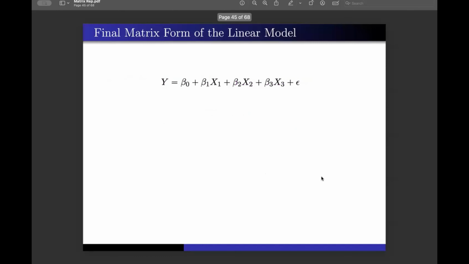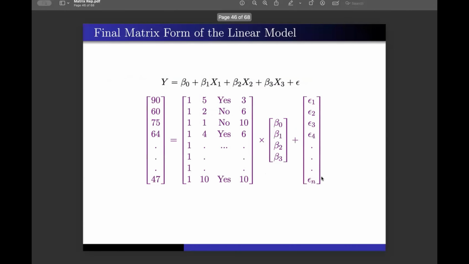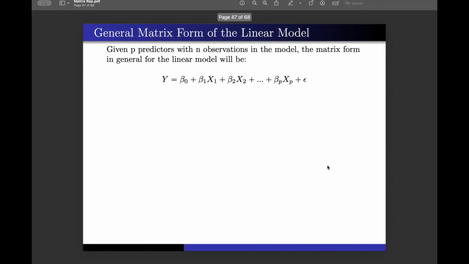But if we were to write it all together, the final matrix form of this linear model would be: the values the independent variables take for n observations, for n students. Each observation corresponds to the exam score of n different students, then the x matrix multiplied with the beta matrix, the coefficient matrix, plus the error term, which is the matrix representation of epsilon.